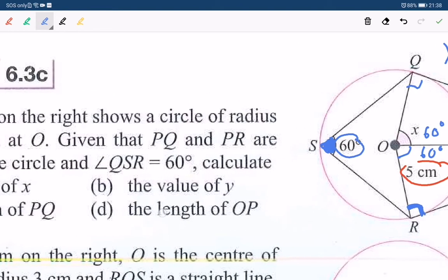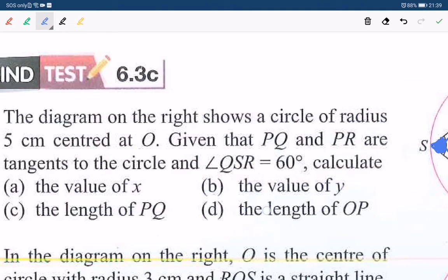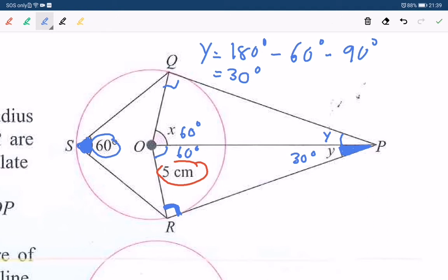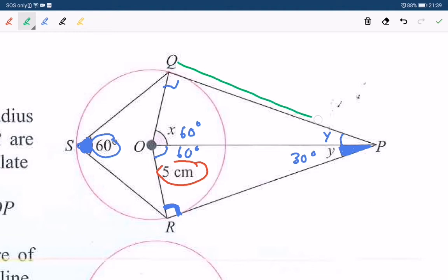Now let's move to C, the length of PQ. So where is PQ? Okay, so now we want to find the length of PQ. So PQ is from here to here. Okay, how can we find the length?